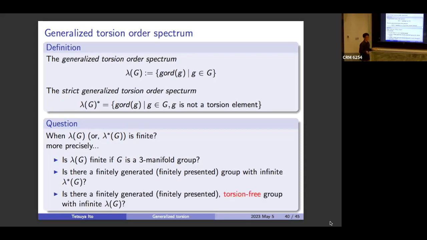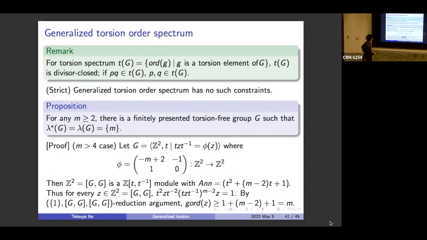All the questions are naive questions, but I cannot solve them. Here is one interesting observation. For the torsion spectrum, namely the set of orders of torsion elements, we have one restriction. It is divisor closed.